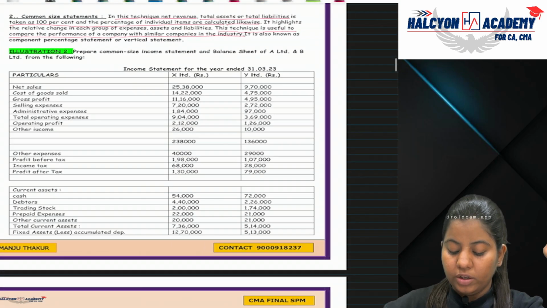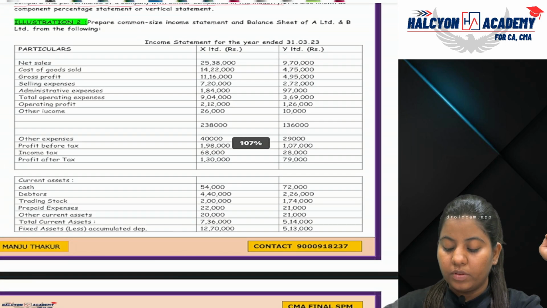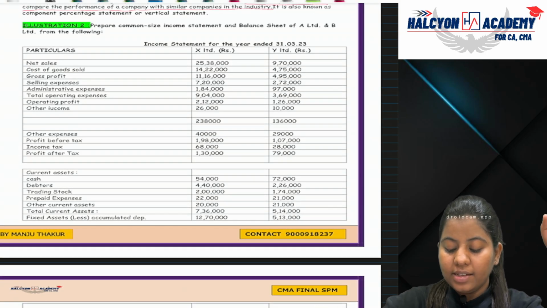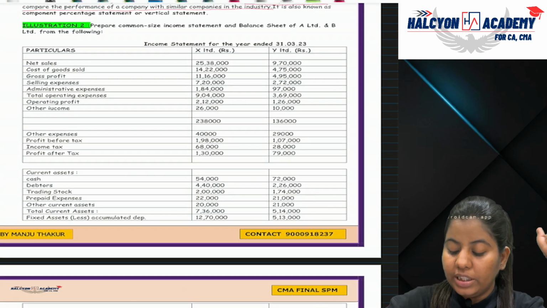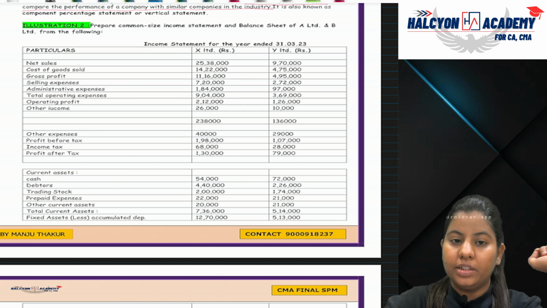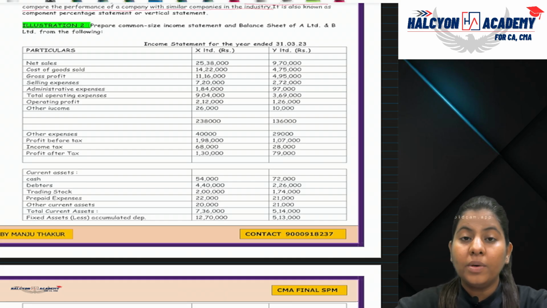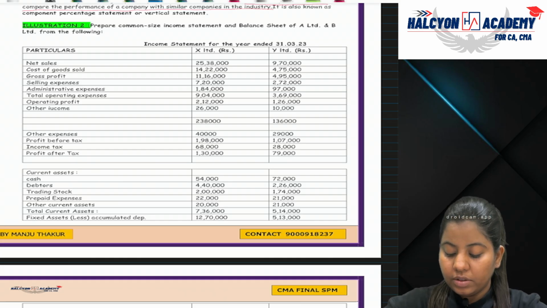Okay. So let's move to the question. One question is given. We have to prepare the common size income statement and balance sheet of A Limited and B Limited, and then analyze and compare them. First we have to make the common size balance sheet and income statement.